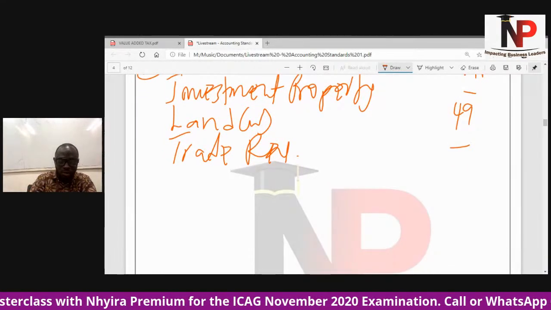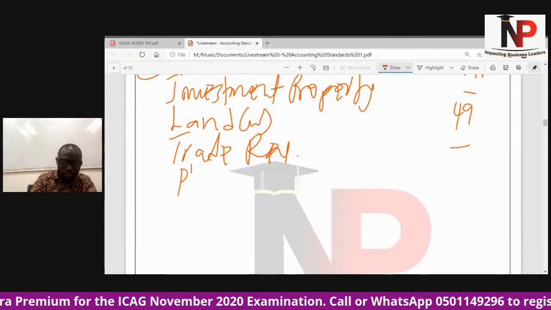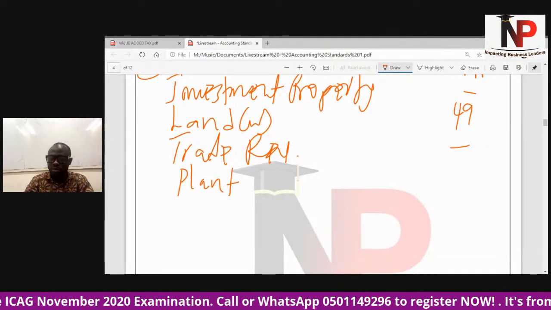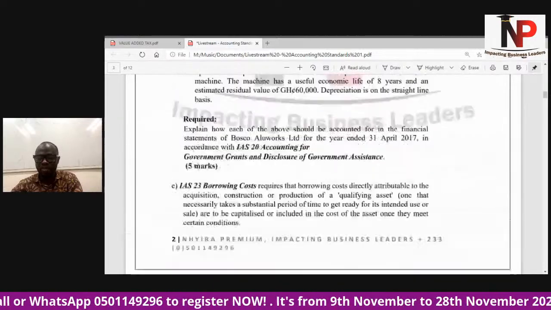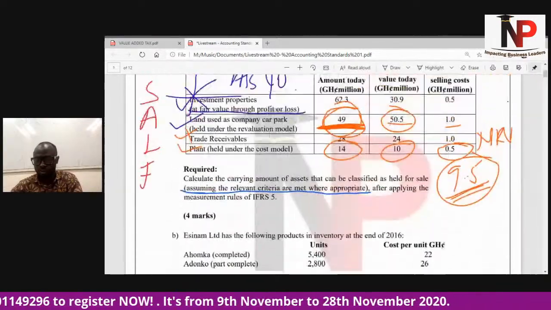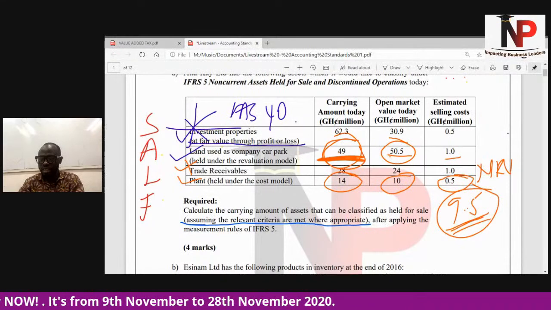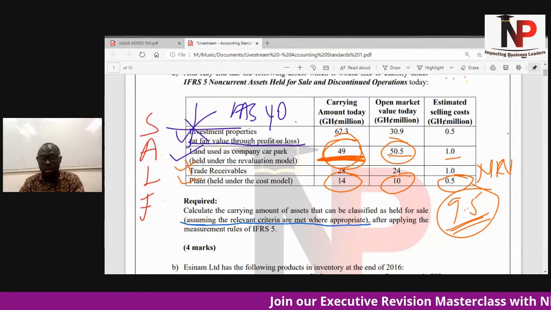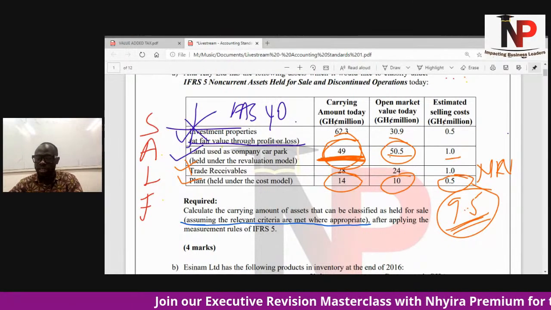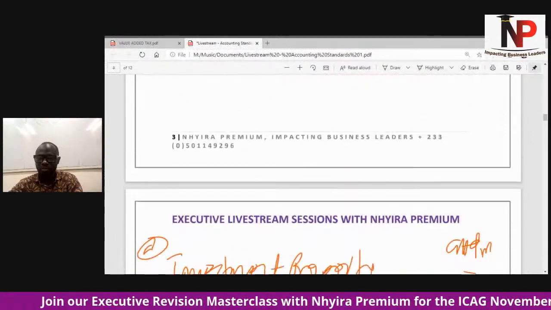Then the last one was the plant. With the plant also, we did a workings for it. Let's go back and pick it up. So we said the selling price is 10 million. The selling cost is 0.5. So that becomes 9.5. As against the carrying amount of 14, we're going to be carrying it at 9.5.